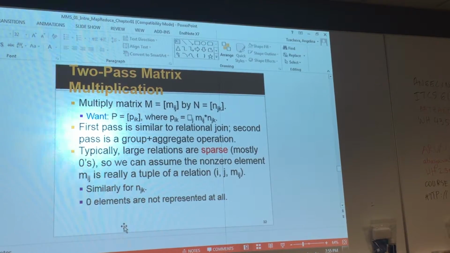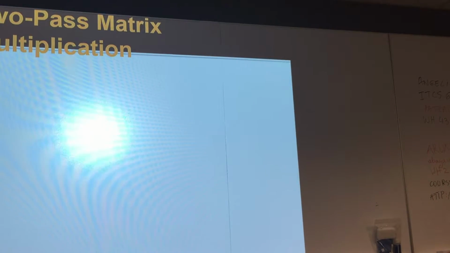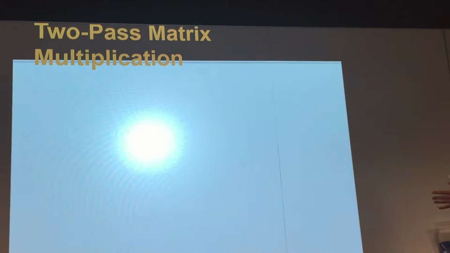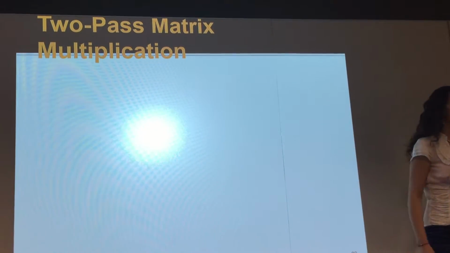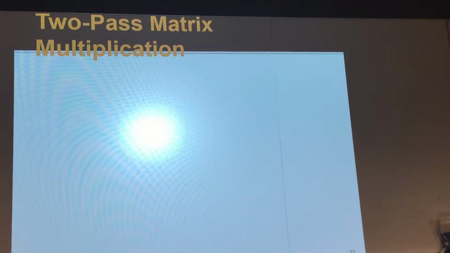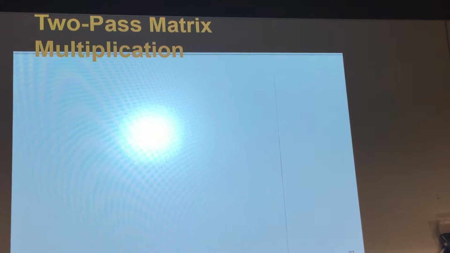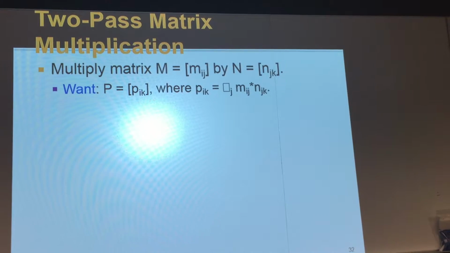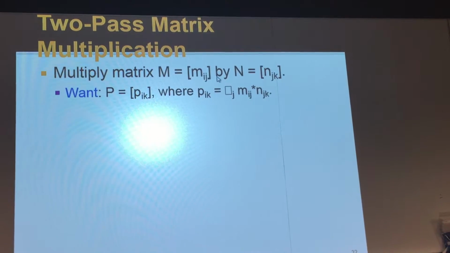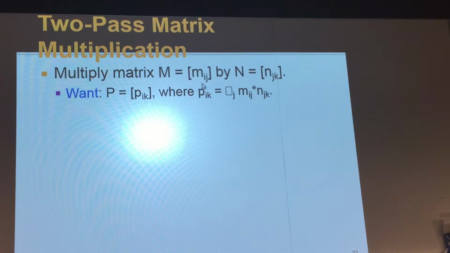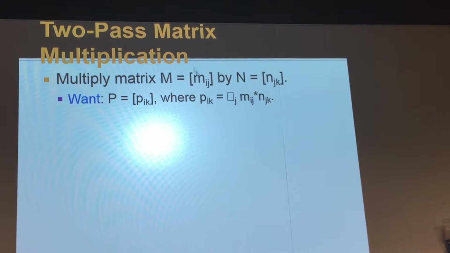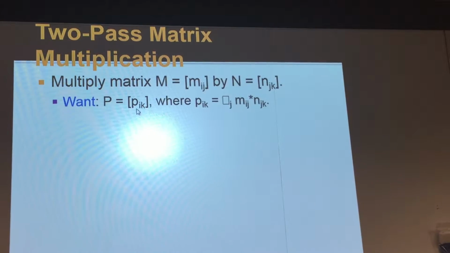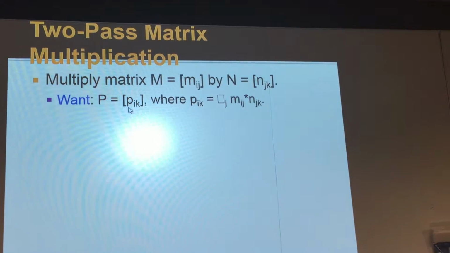Now we can look at an algorithm that will do matrix multiplication. If we have two matrices M and N, each one has values Mij and Njk. Then we want to produce the multiplication of those two.